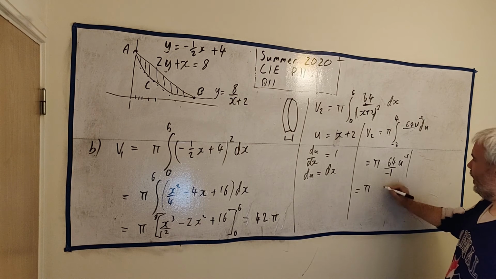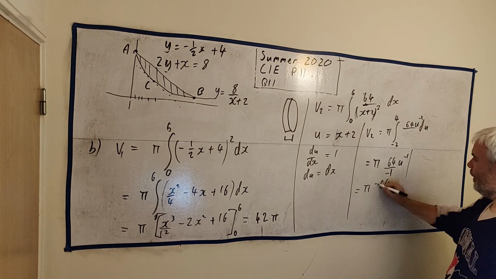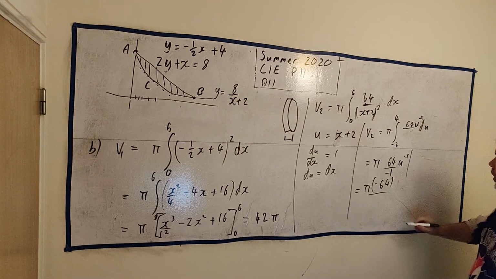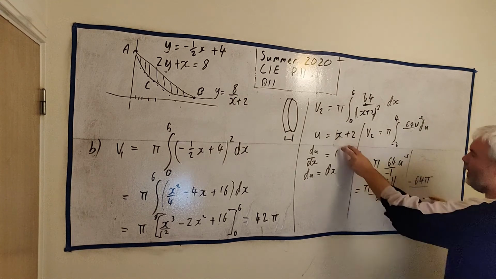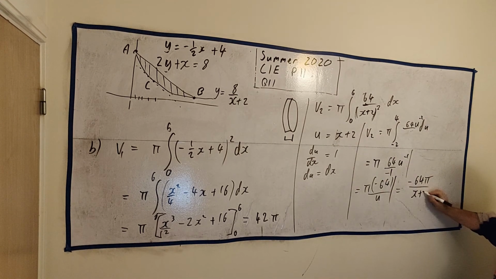That's equal to pi times 64 minus 64 over u. That's also equal to minus 64 pi over, instead of u, we had x plus 2. And we just need to evaluate that between 0 and 6 again.